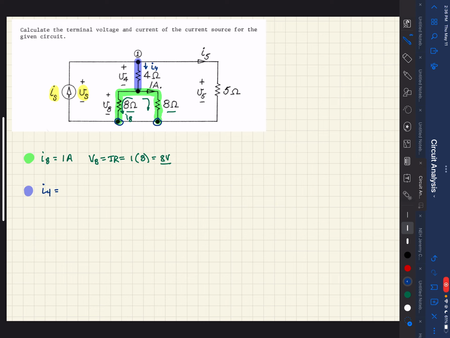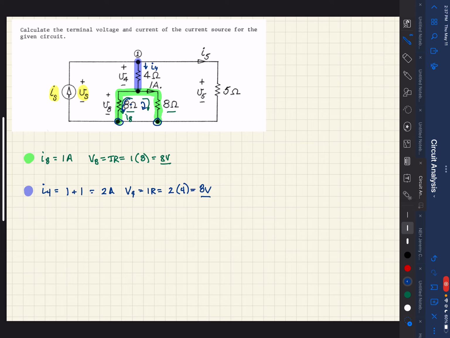I4 has got to equal the total coming here and here, so 1 amp plus 1 amp is 2 amps. Now, knowing the total current through that resistor, we can determine V4 again using Ohm's law: 2 amps times 4 ohms gives us 8 volts.